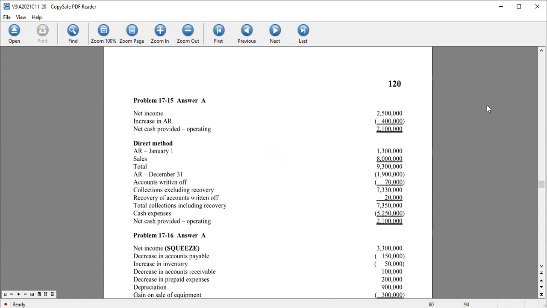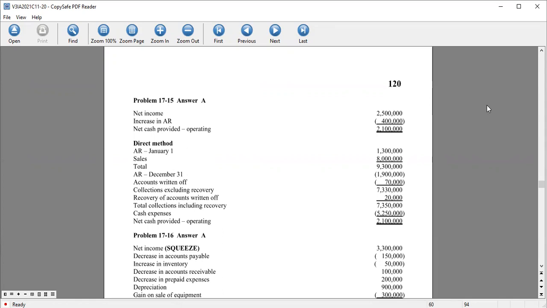We begin with net income of 2.5 million. Then we have the increase in accounts receivable by 400,000. Then we have to deduct being an increase. So the net cash provided by operating activities using the indirect method is 2.1 million.